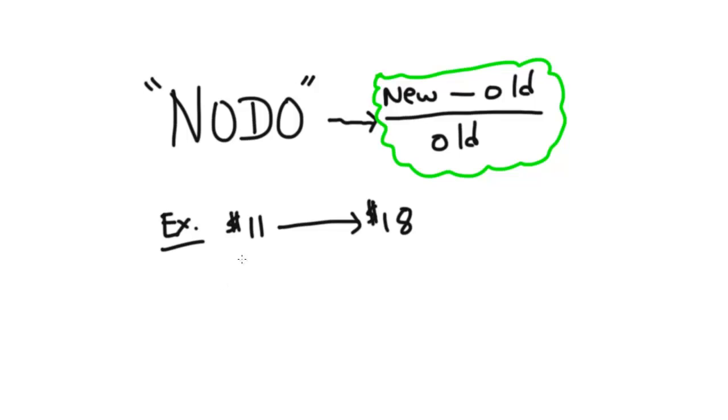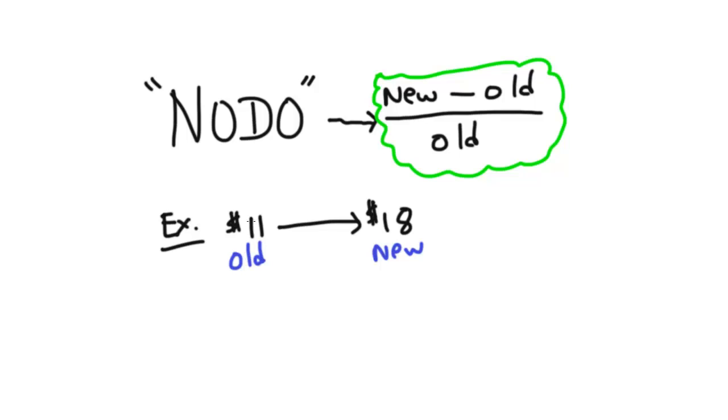So here's an example of a percent change problem. Let's say you're working at a job and you're getting paid $11 an hour, and you're doing the job really well, and your boss is going to increase your wage to $18 an hour. So now you want to find what is the percent change, what is the percent increase to go from 11 to 18.